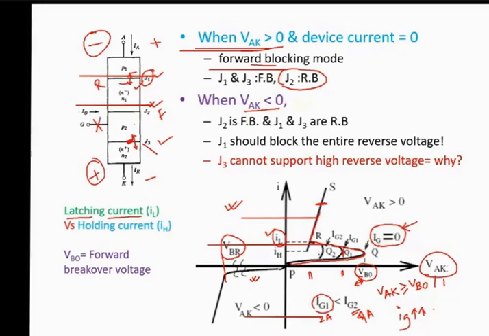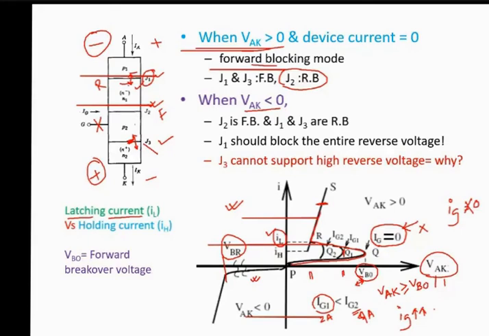Now once the device is turned on, even if you withdraw the gate pulse, so IG, even if you make it 0 or negative, generally withdrawn, the device won't turn off because the junction is already broken and a lot of charge carriers are freely moving inside your device.